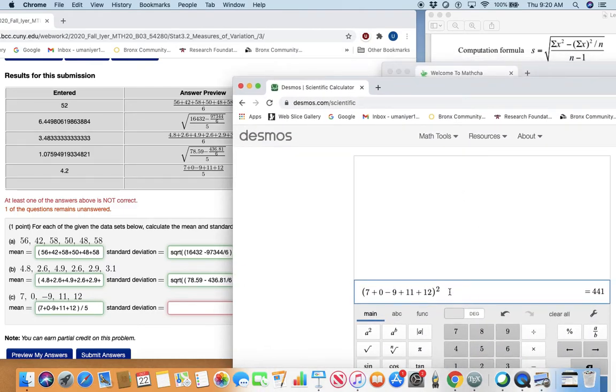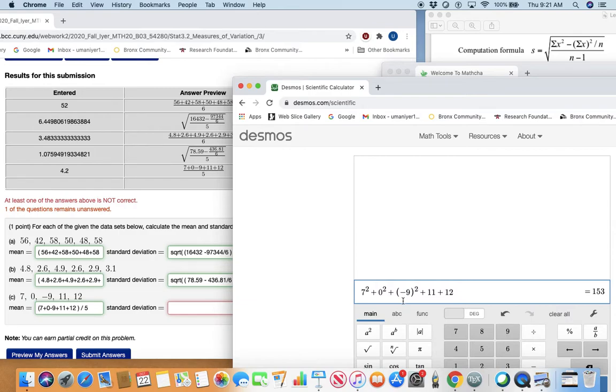On the other hand, I have to square each number. Square, square. Now that is a careful one. I have to square negative 9. So mind you, this is an important kind of problem. Make sure you put negative 9 in parentheses and then square.